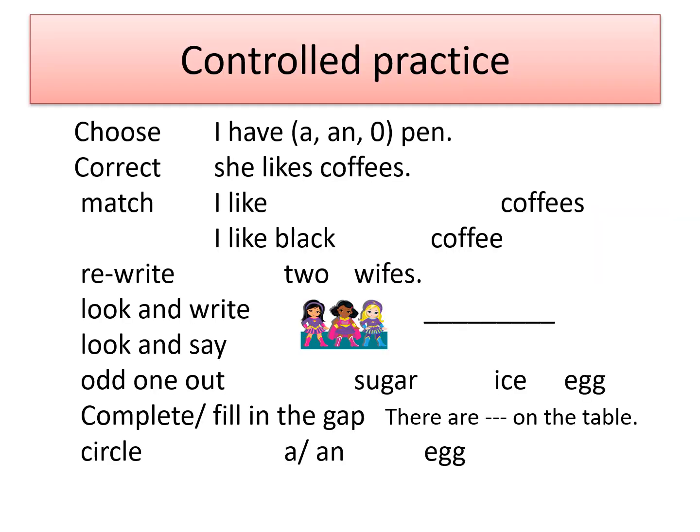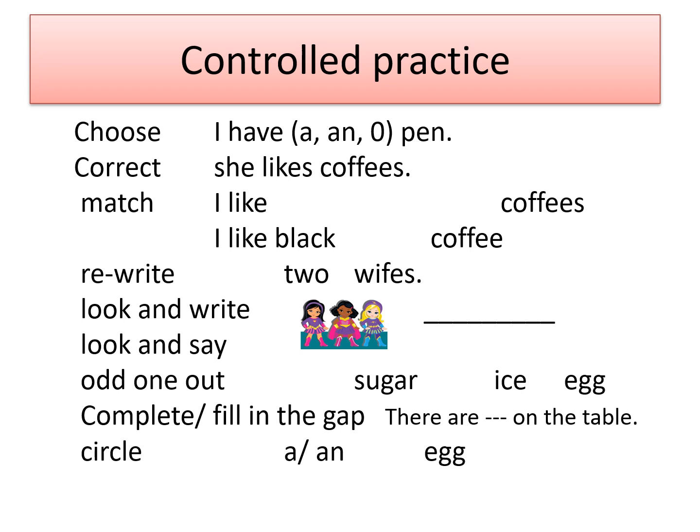As you can see here, there are different kinds of activities or exercises we can use for controlled practice. There is only one correct answer for each question. For this purpose, we call them controlled practice. And students have to do it individually first, then check in pairs.